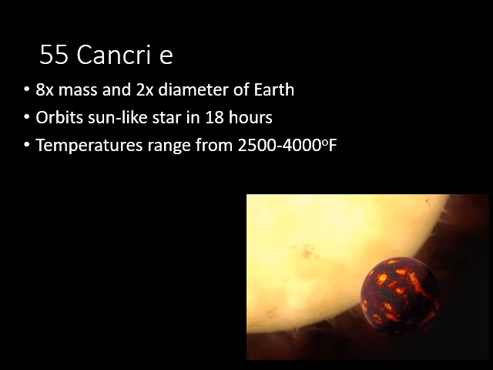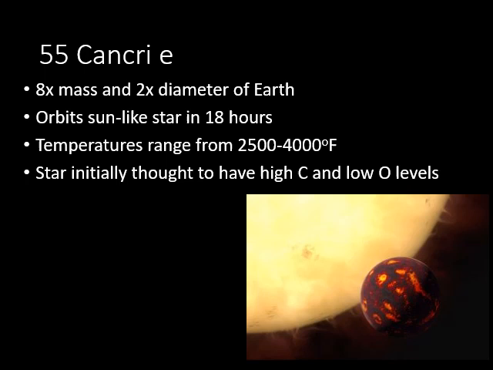Now, because of its close proximity to the star, it is indeed very hot. Temperatures probably range on that planet from 2,500 to 4,000 degrees Fahrenheit all the time. So very, very hot planet, not somewhere that I would want to go to live. Now, that's not the only interesting part about this planet. Astronomers were exploring this system, and they started to take a closer look at the star that the planet orbits.